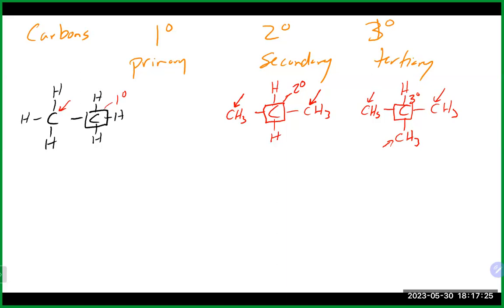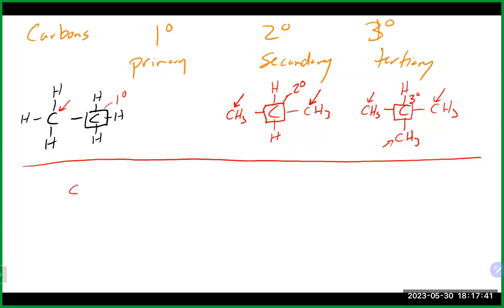It also plays a role in terms of groups that are attached in an organic molecule. In an organic molecule, we can have a couple of different ways that it is put together.